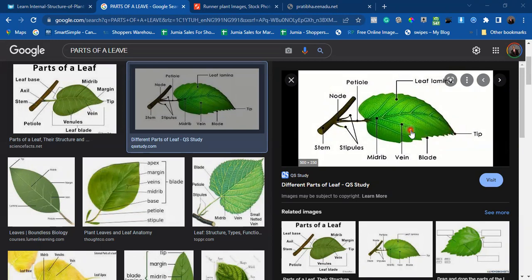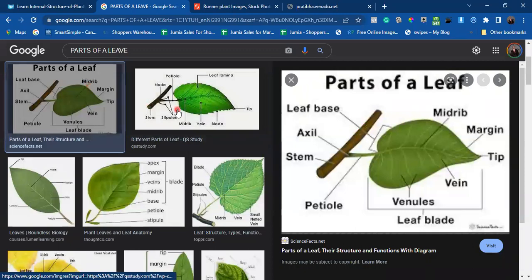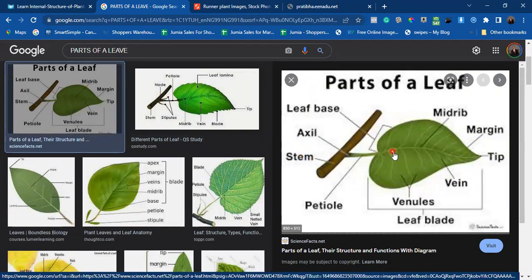Then after the veins, there's what we call venules. All right. Then there's the midrib. That's the straight line, the line that cuts the leaf into two. And we have the base, the leaf base.